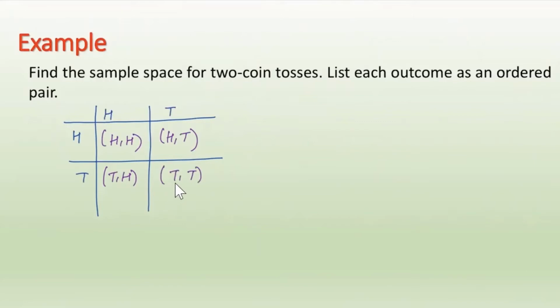So I represent all the possible outcomes here in the form of a table. And when you write that as a sample space or a set, we write S equal to, your first outcome is HH, second is HT, third is TH, and the fourth one is TT.